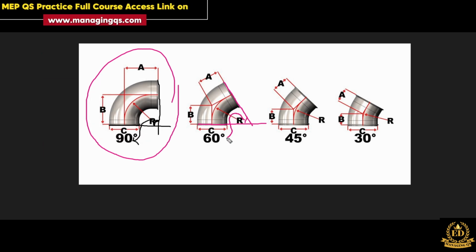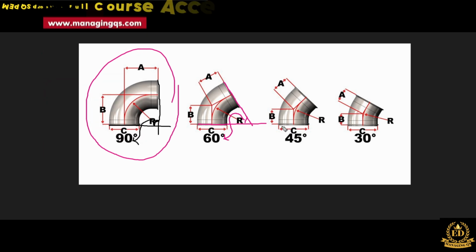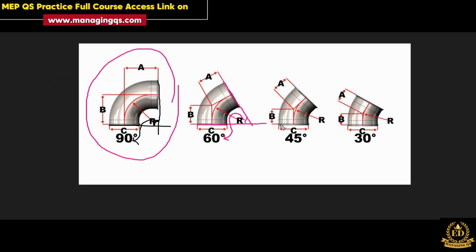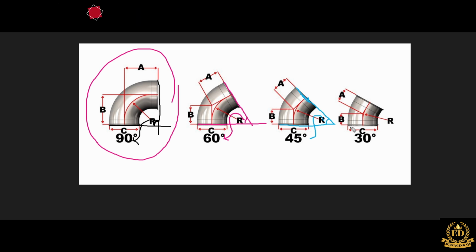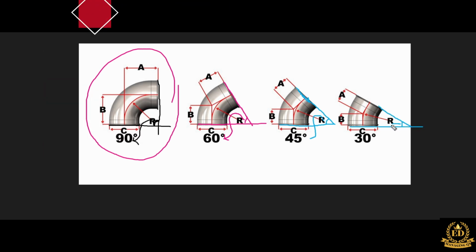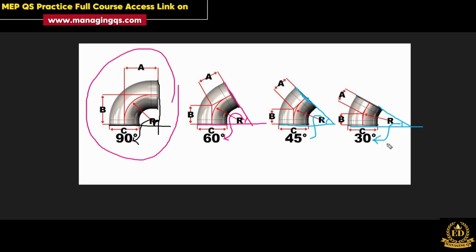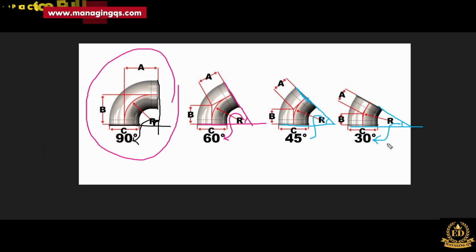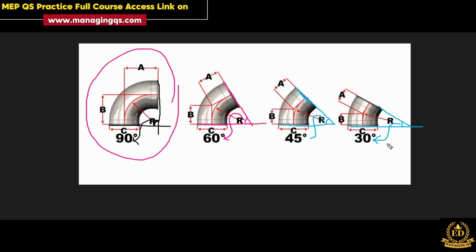In this case it is a 60-degree angle. In the same way, we can draw one line here and a second line through this surface, so you can identify the angle of this elbow is 45. For 30, you can see one line, second line. So this is 30 degree. This is the strategy behind identifying the angle of elbows.